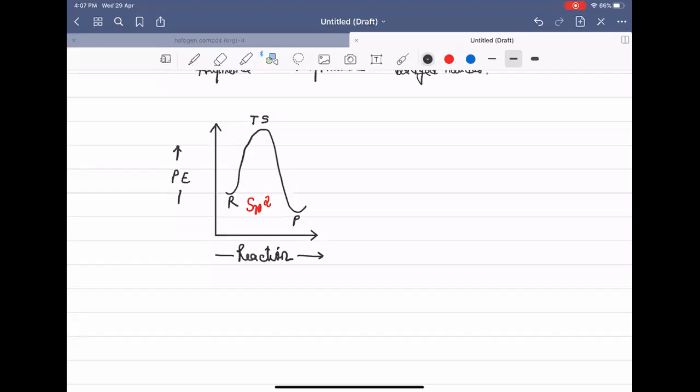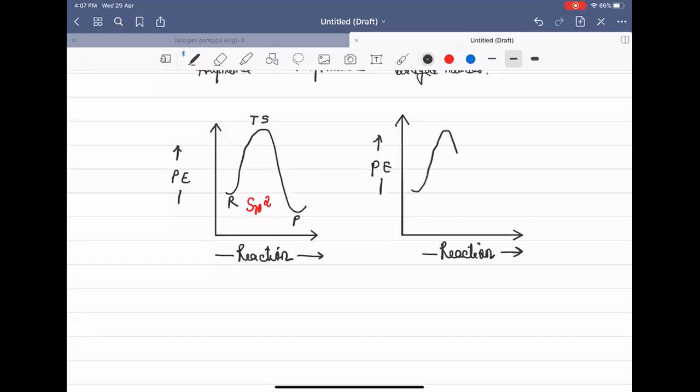However, if I have to draw a similar diagram for SN1, from reactant there's this transition state and then there is this intermediate, or we call this a cation, carbocation. This is the transition state.